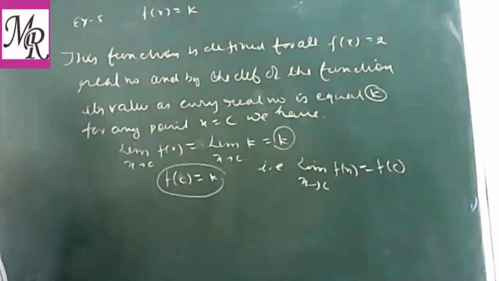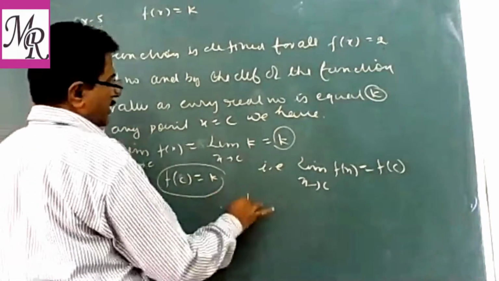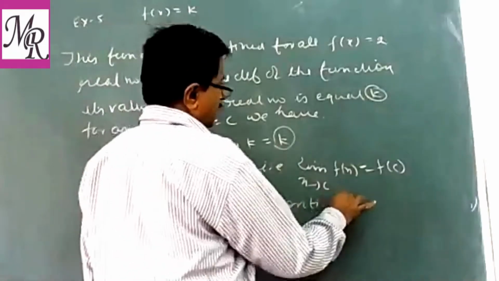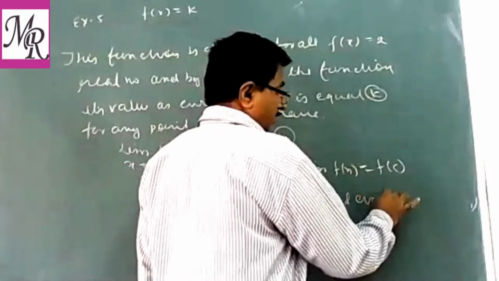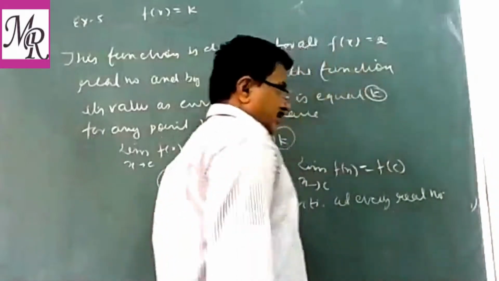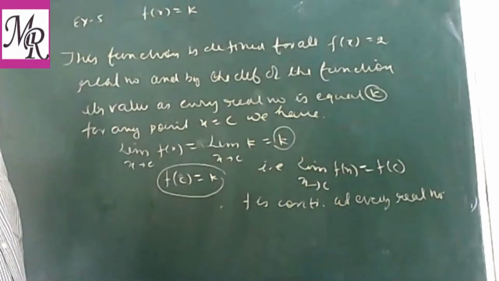Both are equal. So you may say that for every real number c, the function is continuous. Or simply write, f is continuous at every real number. Correct?